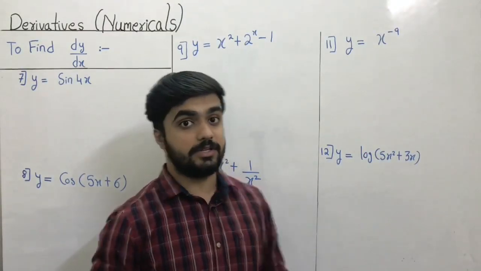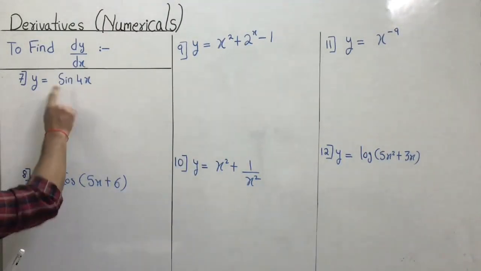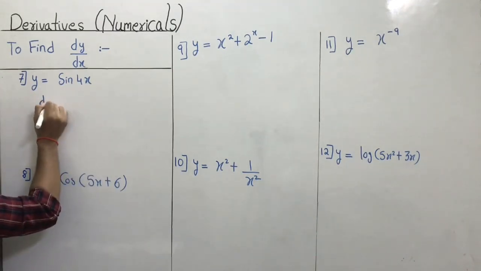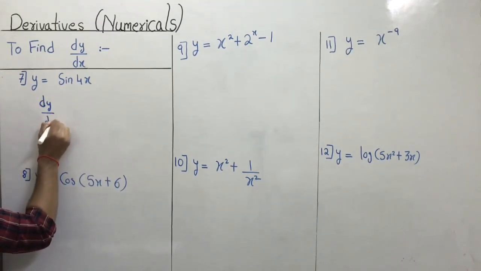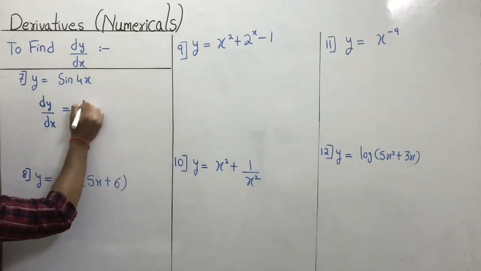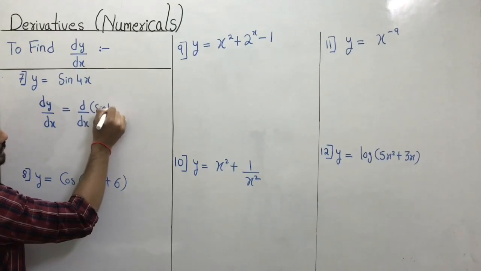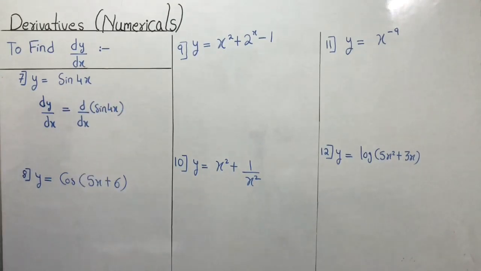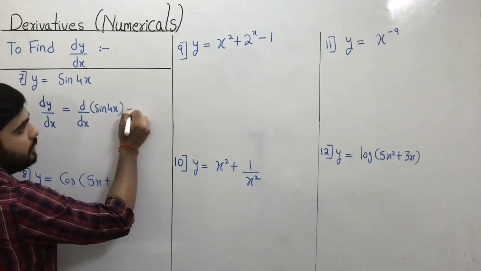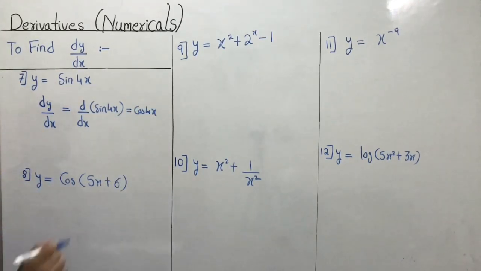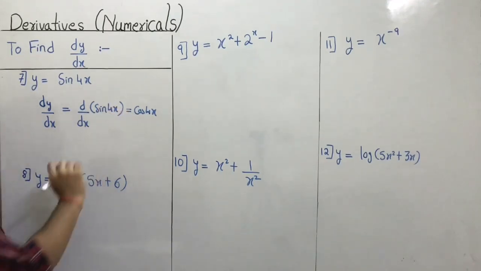Okay, so our next function is y is equal to sine 4x. As we know that derivative of sine x is cos x, so dy by dx will be d by dx of sine 4x. So it will be cos 4x, and by chain rule we have to take the derivative of this function also, because here it is 4x, not x.